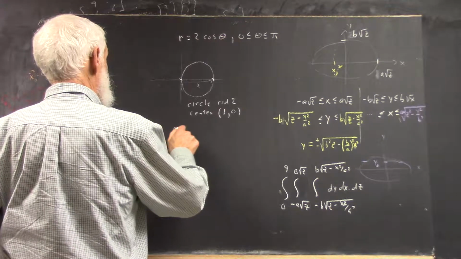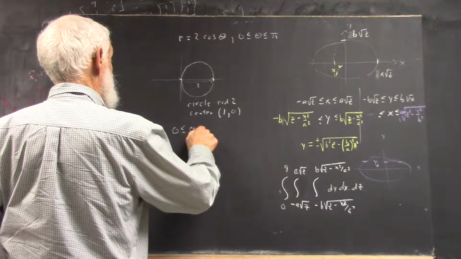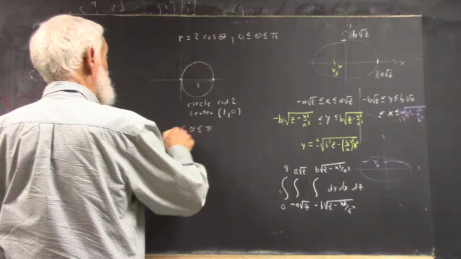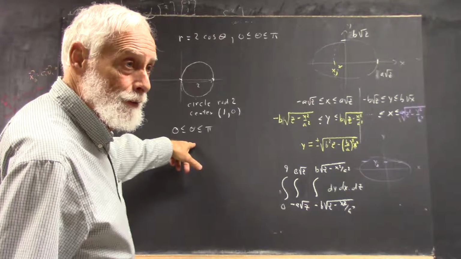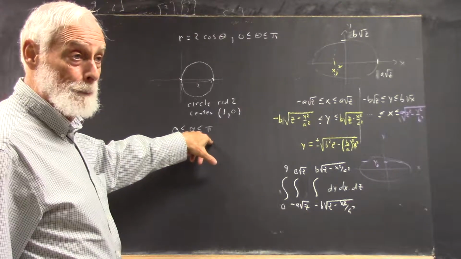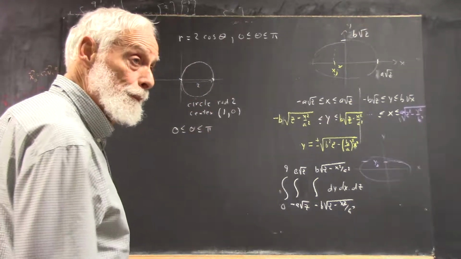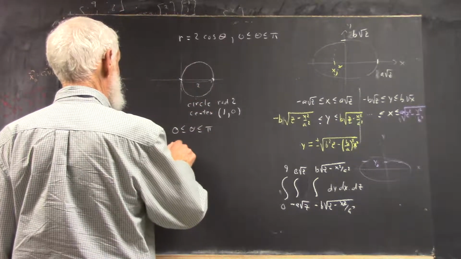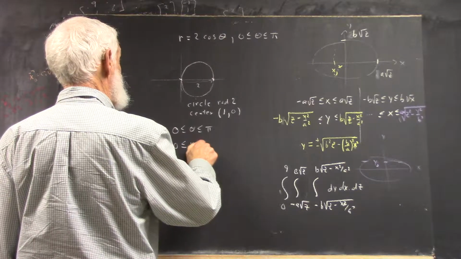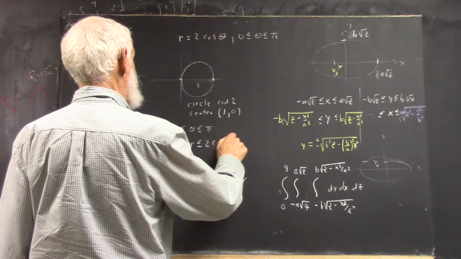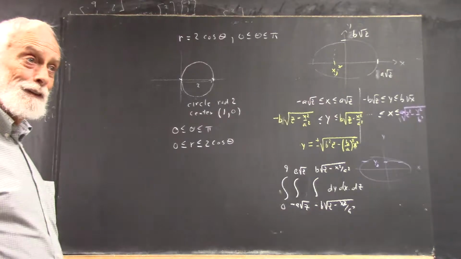We start with 0 less than or equal to theta less than or equal to pi, because theta has constant limits, right? So then, what are the limits on r? Well, that was kind of easy, okay?